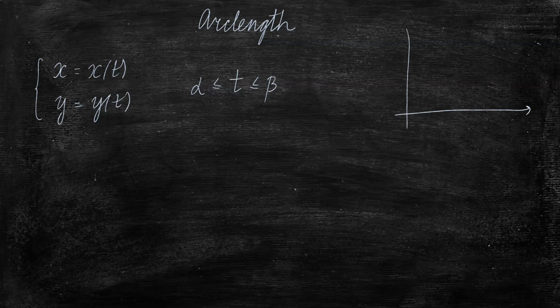So we have the following picture. At some value t, we are here, and then the parametric curve develops however it wants, and we end up here when t is equal to beta.